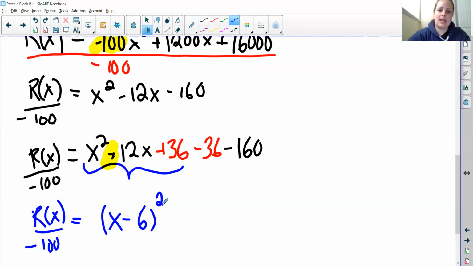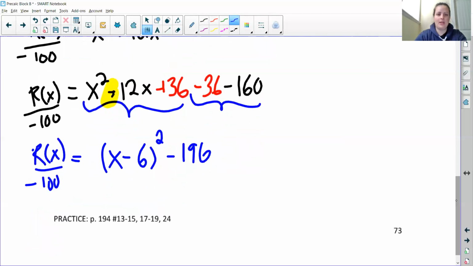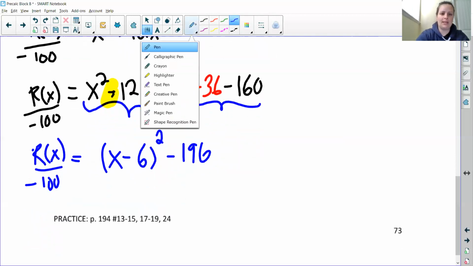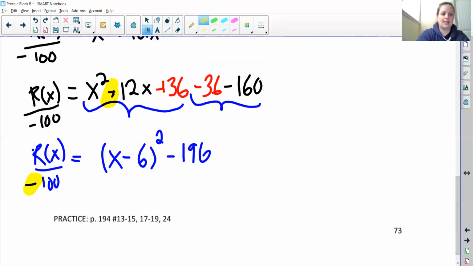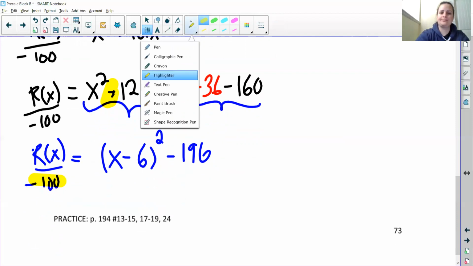And then next what I have to do is group these like terms. Negative 36 minus 160 is negative 196. So that is our completing the square. We're not fully done though, because we can't forget this negative 100 patiently waiting.